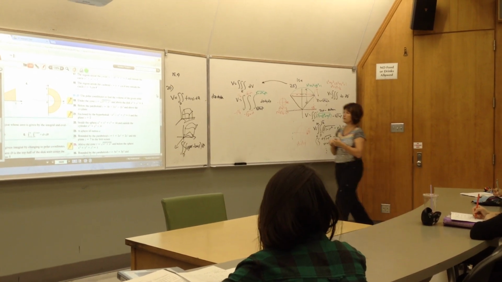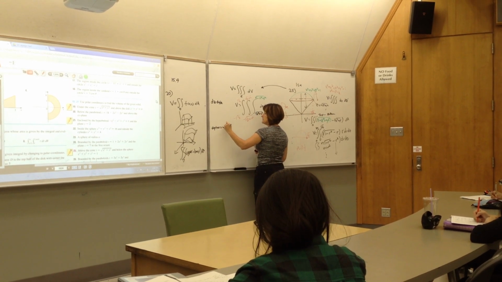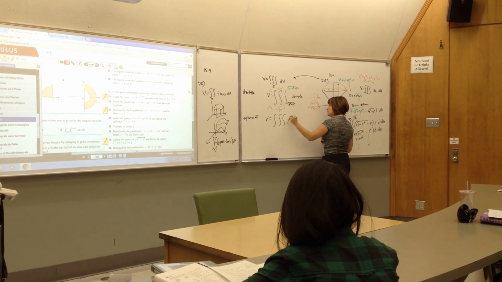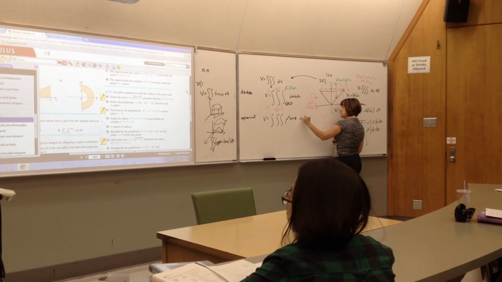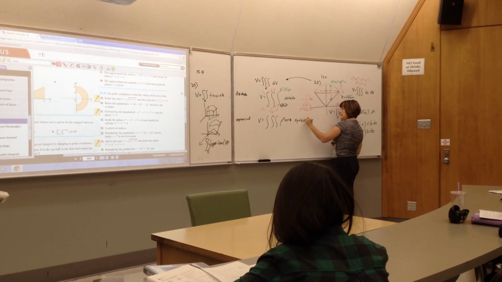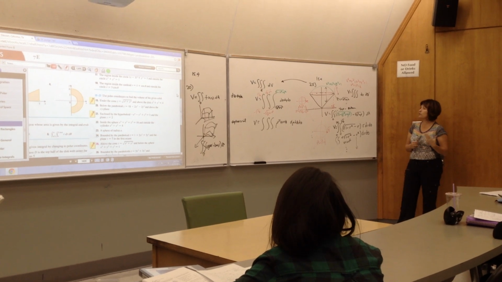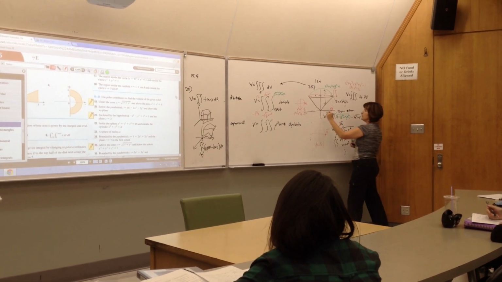Let's do the spherical coordinates. If we're going to do the spherical coordinates, dv becomes rho squared sine phi d rho d phi d theta. When you're looking for rho's limits, you just think about shooting an arrow out from the origin.